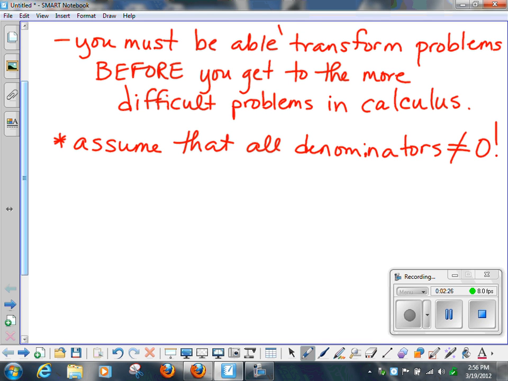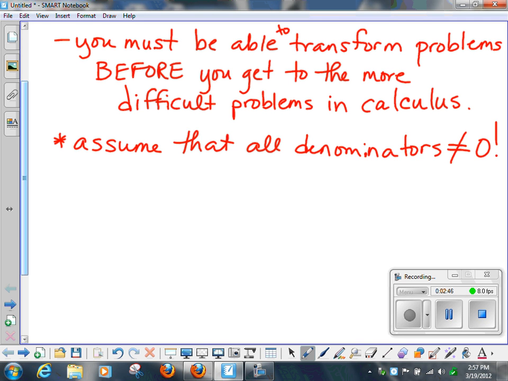All right, never can have denominators equal to 0. Why? Then there's no solution. It's undefined, okay? So you cannot have anything. You cannot have your denominators equal to 0.